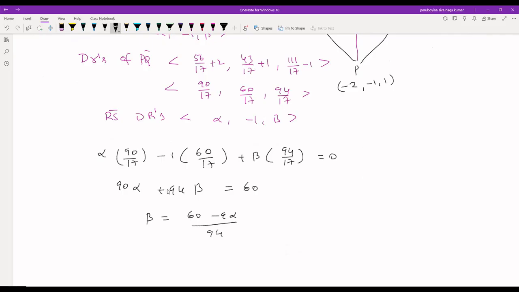Then take, sorry, this is 90 alpha. Take 30 common, 2 minus 3 alpha by 94. And then if possible, cancel it. So minus 30 by 47.